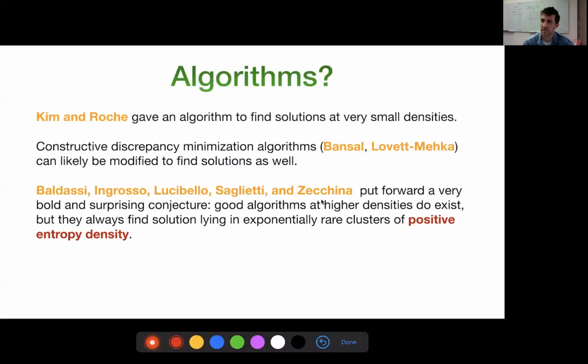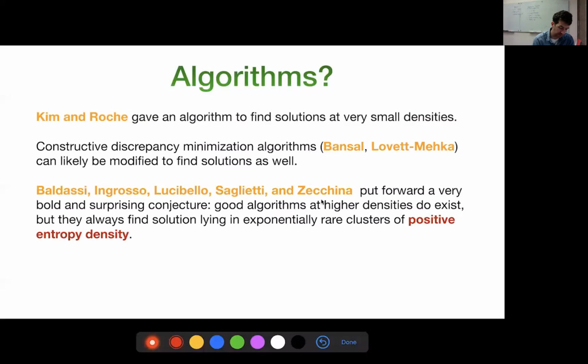So this is a really bold prediction, because it says that if you just think about the equilibrium picture of the model, so if we think about just picking a random instance and picking a random solution, we think of this as telling us a lot about the model, the probabilistic behavior of the model, and maybe the algorithmic behavior of the model.